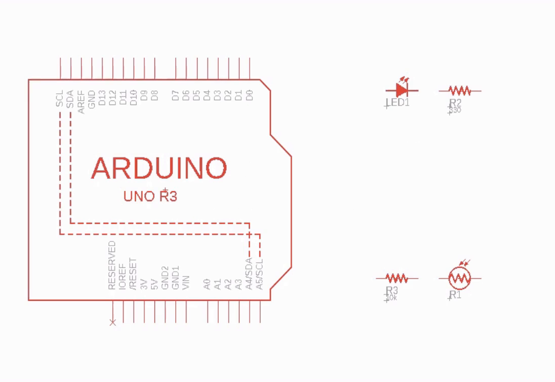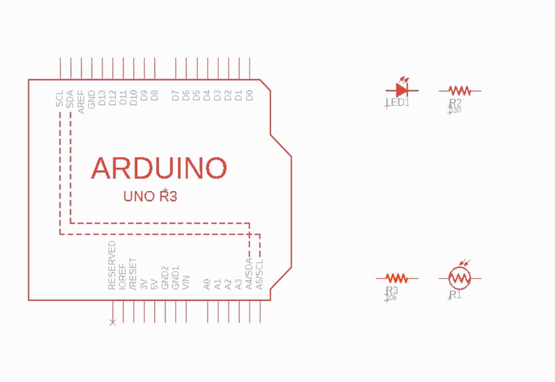The components that we have are our output LED and its current limiting resistor, our photoresistor, which in this schematic is this guy down here, whose resistance will vary depending on how much light's shining on it, and a resistor that pairs with that to create a voltage divider, because our Arduino can only measure voltage, not resistance.